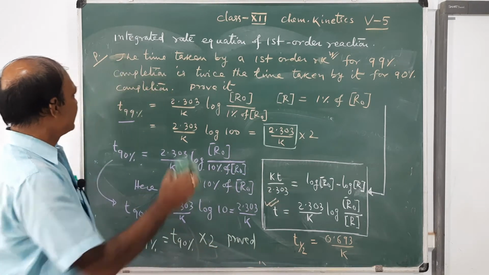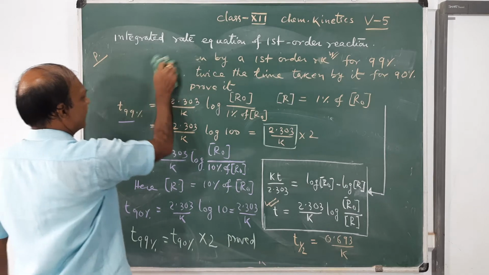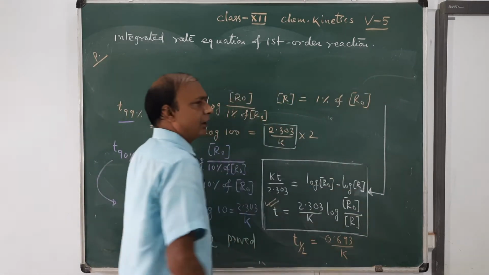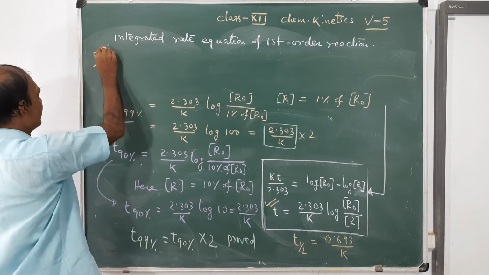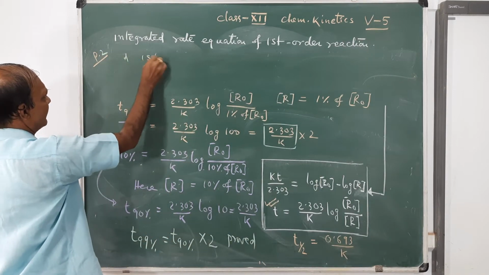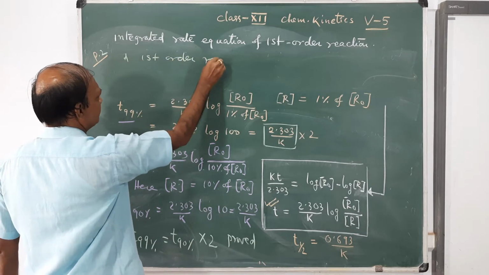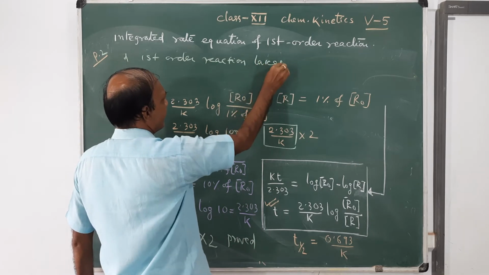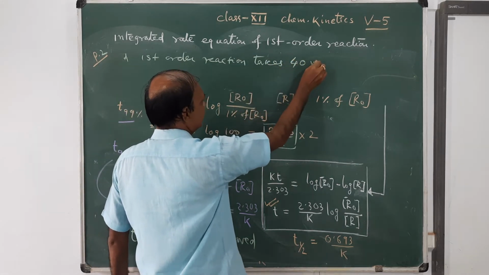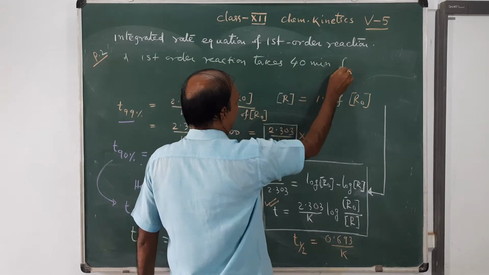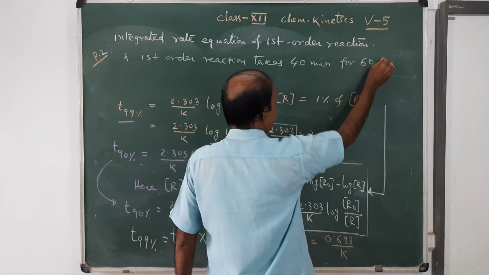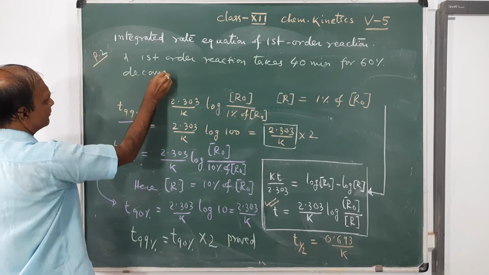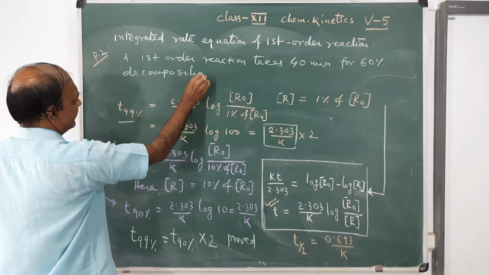Problem number 2: a first order reaction takes 40 minutes for 60% decomposition.